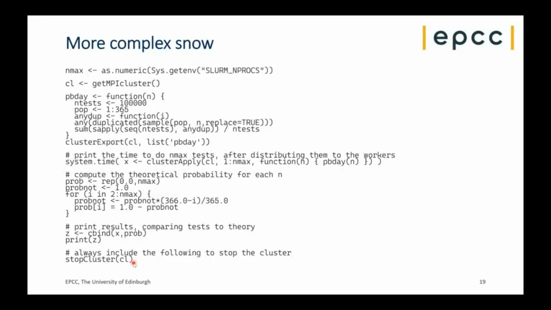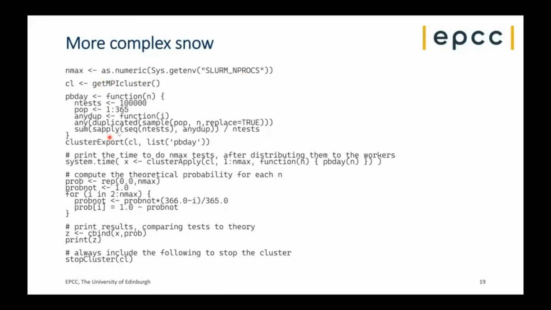It's also then possible to build more complicated functionality again on top of that. So you can specify, here's a more complicated Snow program where we're reading in how many workers we have, and max is coming in from the environment and saying how many Slurm processors we've created.